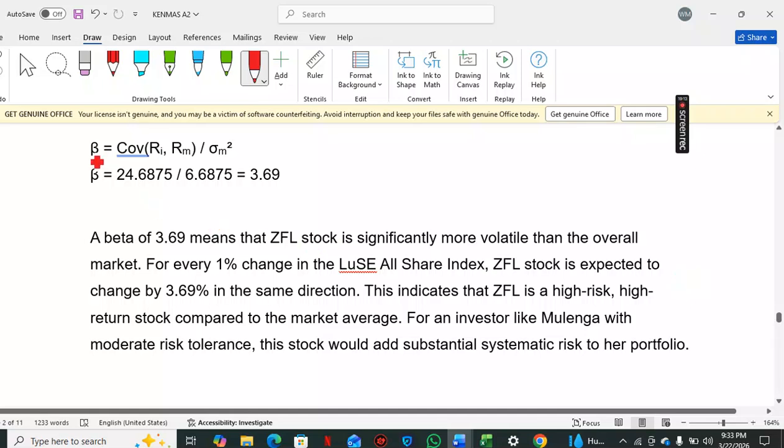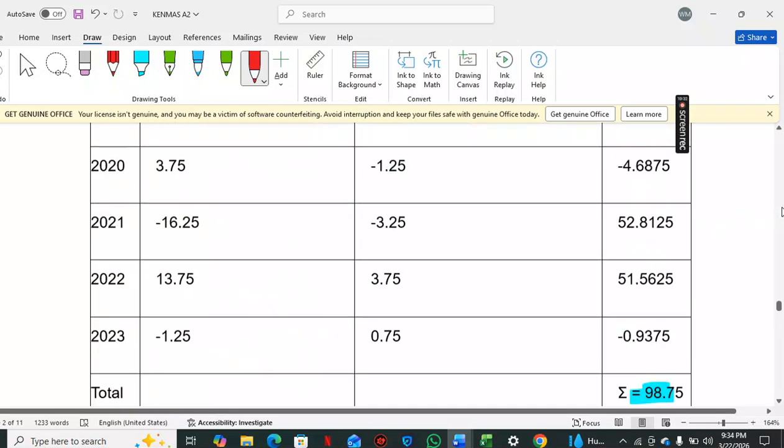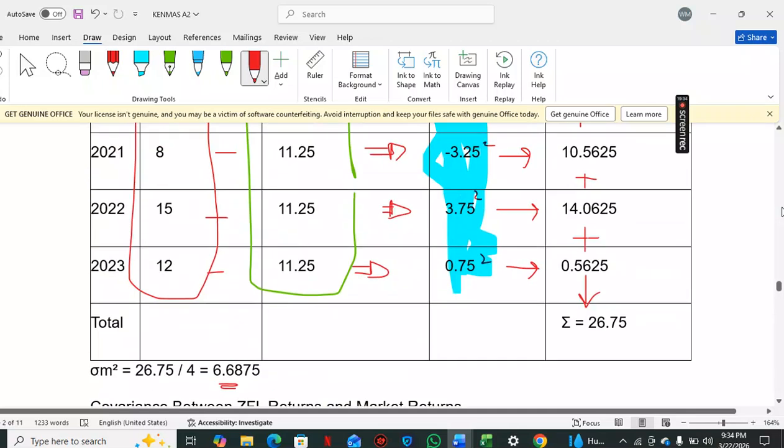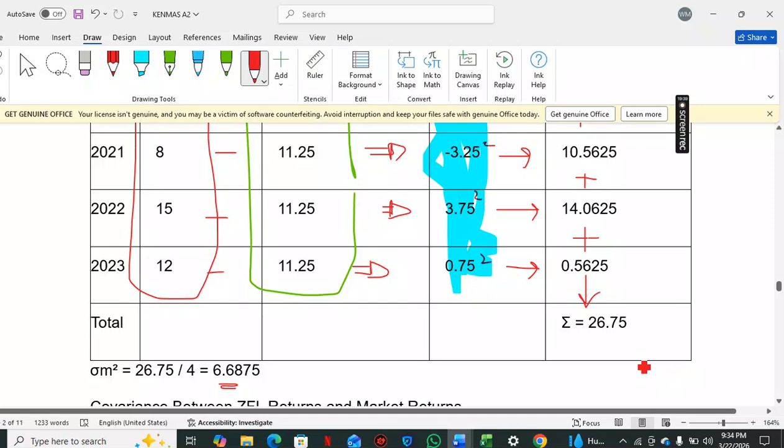Now we'll have to calculate the beta. The beta is the covariance, this 24.68 that we calculated, divided by the market variance. What was the market variance here? Yes, 6.68.